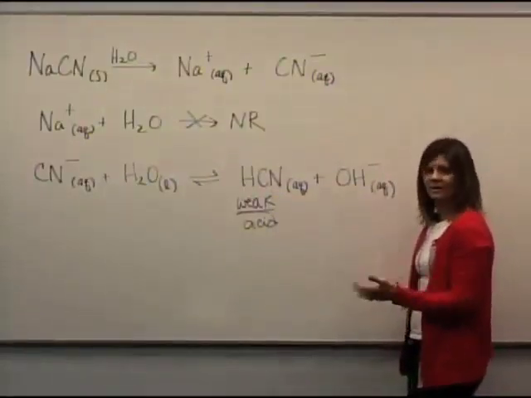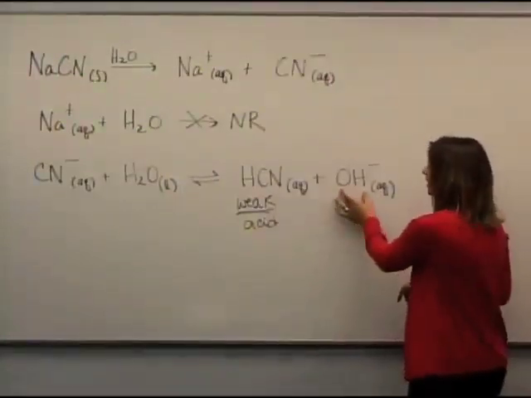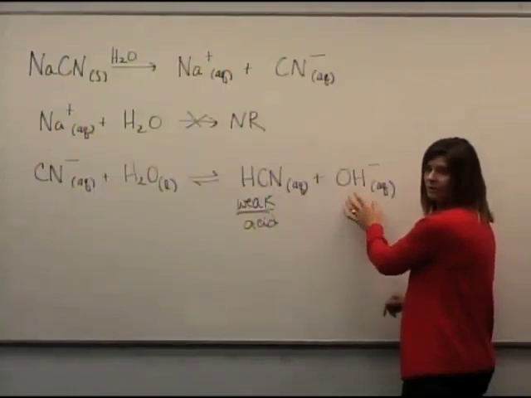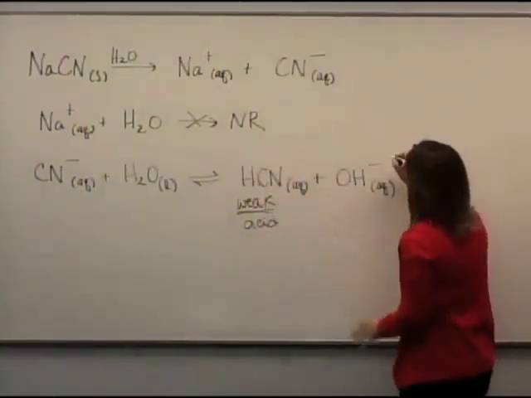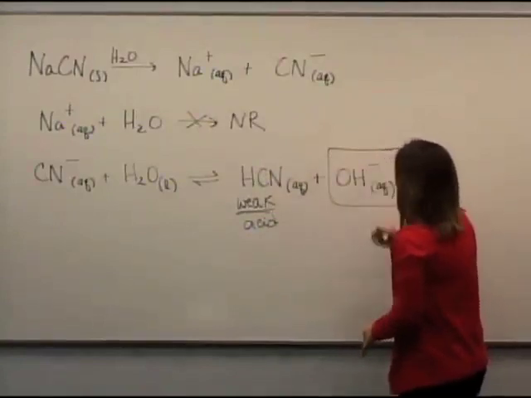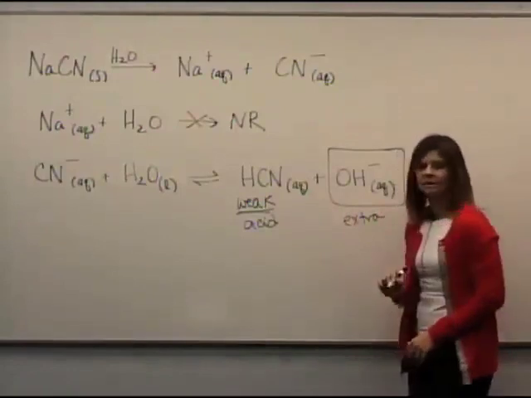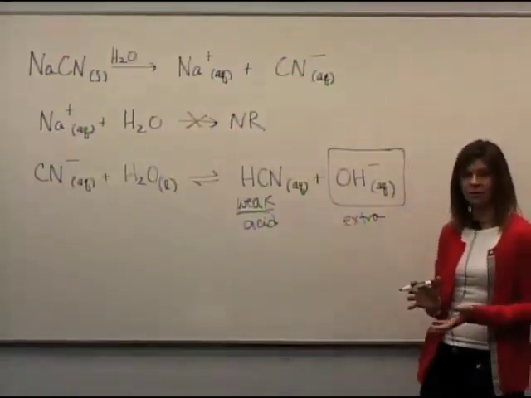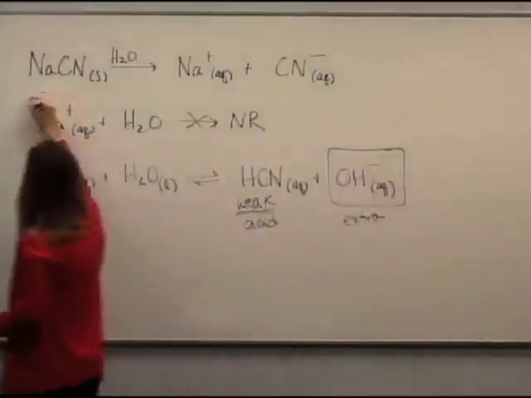And remember, the thing that causes a pH difference in solution is either hydroxide or the H plus floating around by itself. So when I look at this entire set of information, what I've done is I've made a whole bunch of extra OH minus, which is going to make my solution of sodium cyanide basic. So this is going to be a basic solution.